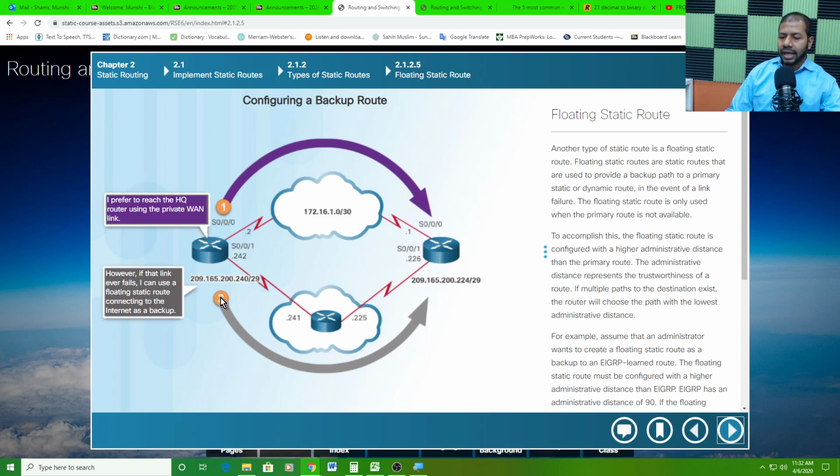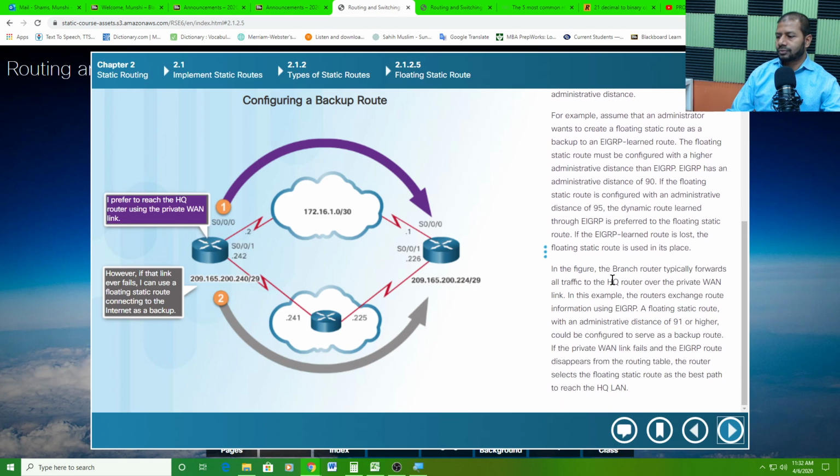Then you write another path manually, and for this path you put an administrative distance of, say, 10 or 5 or something. So the router is always going to look for the purple route. It will never take the gray route unless the purple route is not available, has gone down. That's why you keep a backup route. It is also called a floating route, with a higher administrative distance.